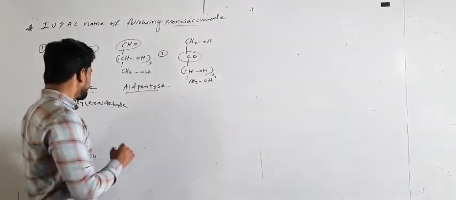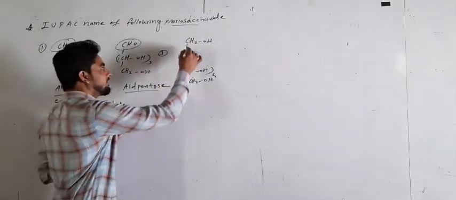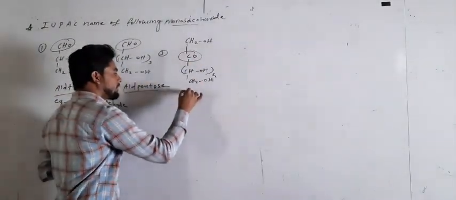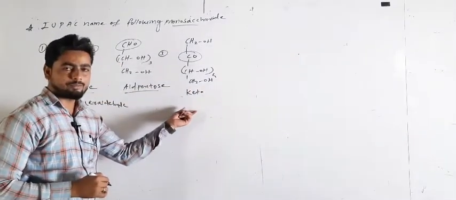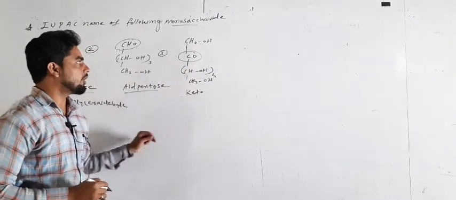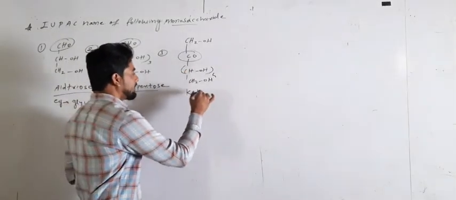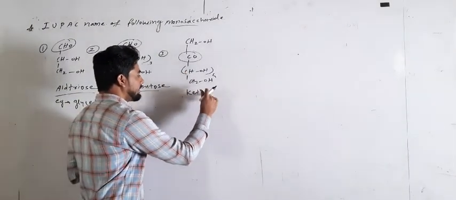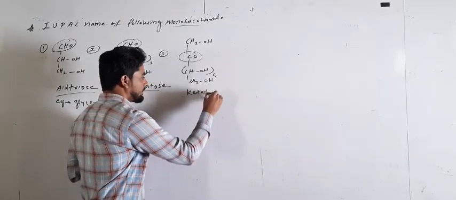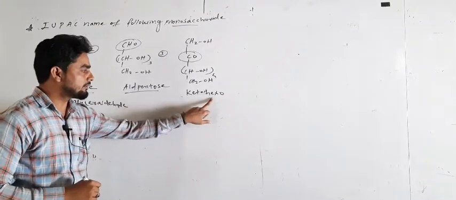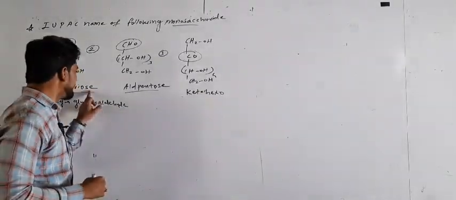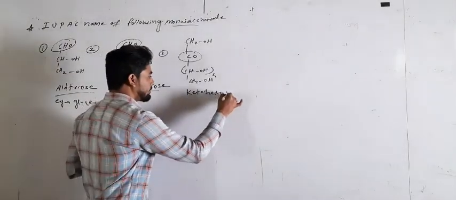Next, how many carbon? First of all, it contains a ketone. Keto is the prefix of the ketone. Now how many carbon? It contains 6 carbon. Keto, HEXO, okay? Keto hex. And last we use the word OSE, keto hexose.